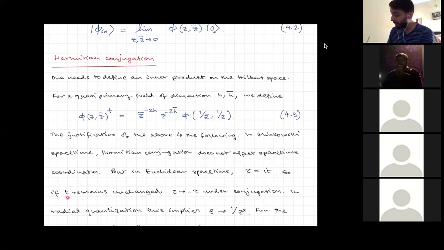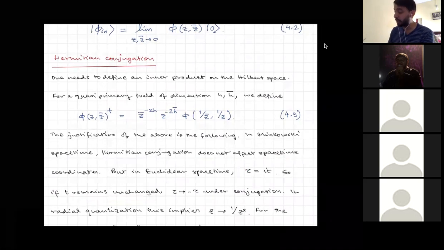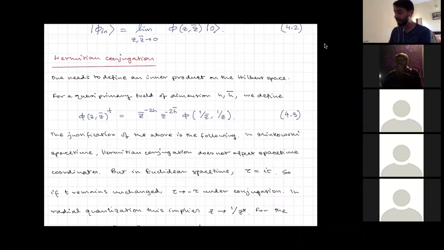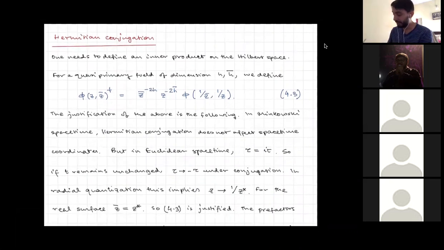So if t remains unchanged, then because of this factor of i, you need to make sure that tau goes to minus tau under this. Now tau goes to minus tau in terms of z is just z going to 1 over z star.